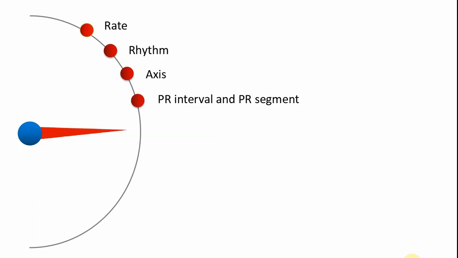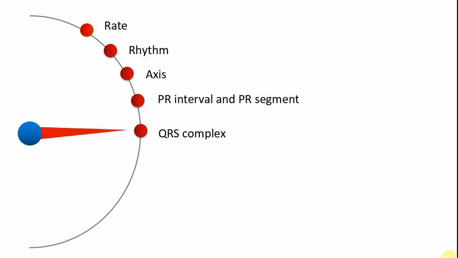You will get a lot of information from looking at the QRS complexes. As we have mentioned earlier, in a complete heart block, if the block is at the level of the AV node, there will probably be a narrow QRS complex. If the block is down below in the conduction system, then the QRS complex can be a wide complex. This is not true for every case, but this is a generalization.